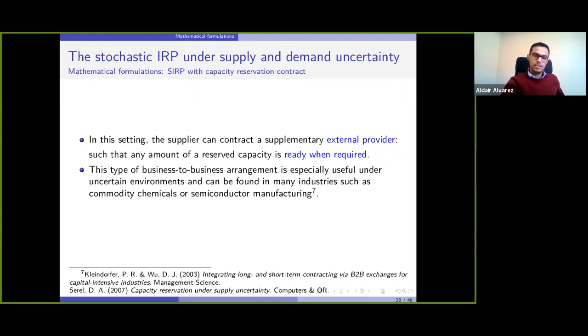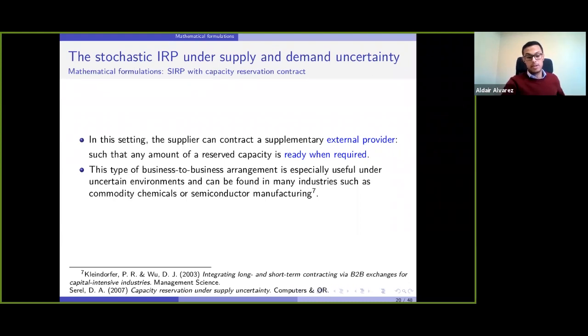This kind of setting, which is a business-to-business agreement, has benefits for both parties. On the one hand, the supplier contracting this extra amount can benefit from a cost that is lower than the lost sales cost, for example. While the external provider can have better utilization of its resources by having this kind of agreement with certain companies.